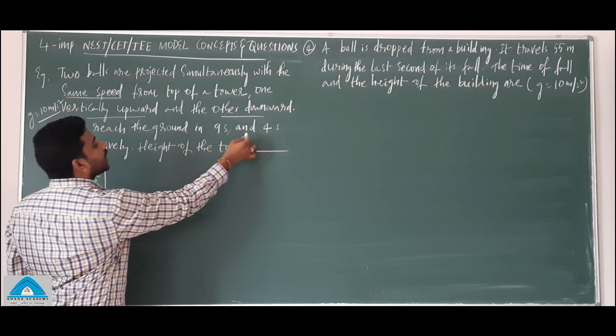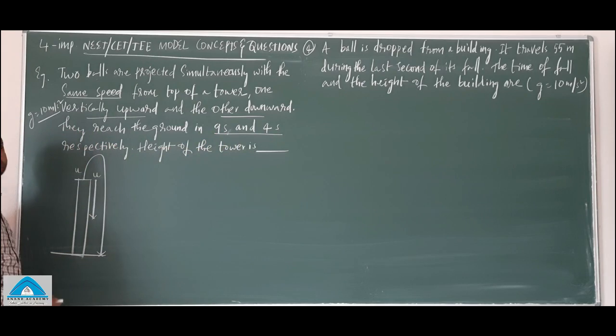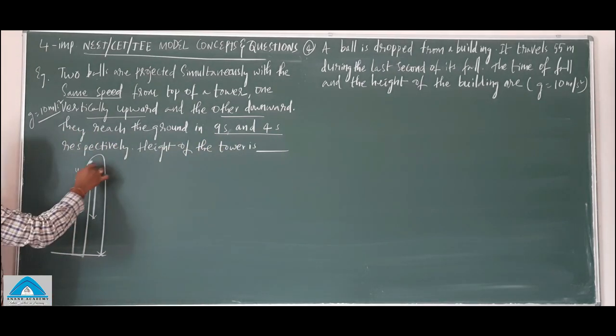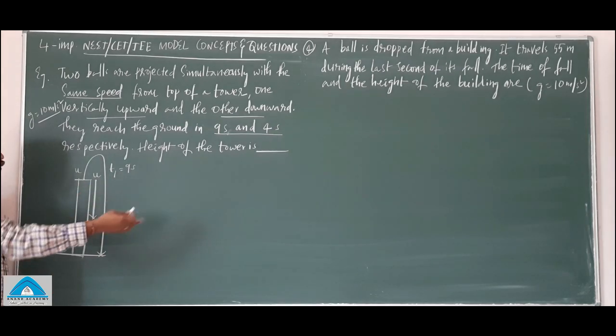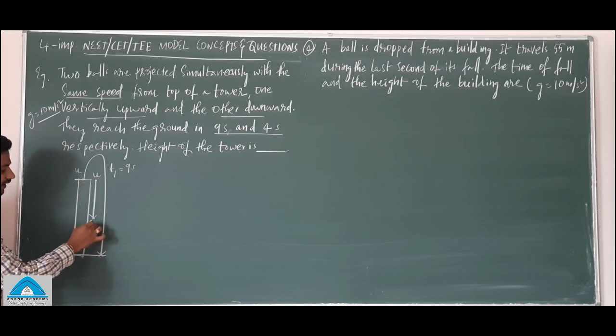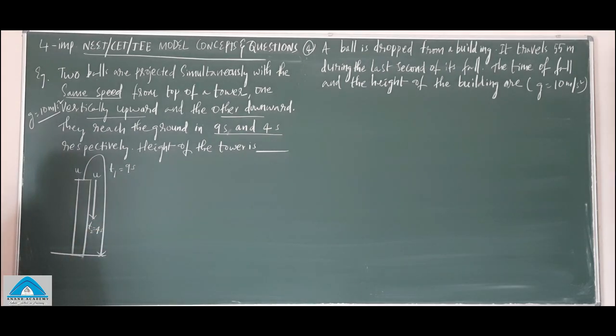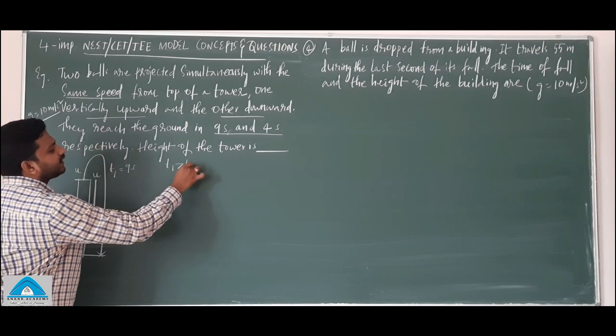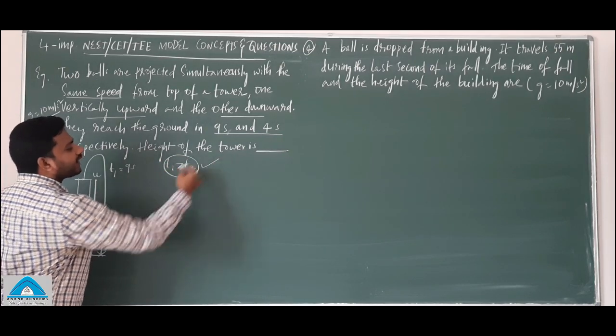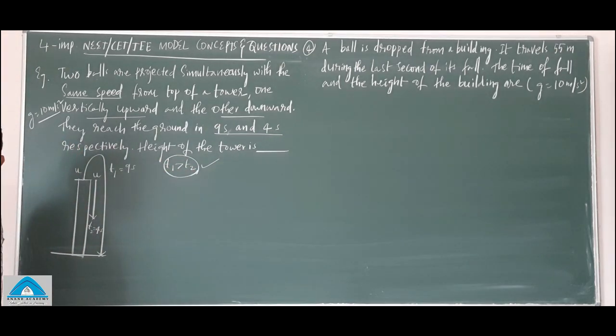And they reach the ground in 9 seconds and 4 seconds. Which is 9 seconds? In the first case, T1 is 9 seconds. Which is 4 seconds? In the second case, T2 is 4 seconds. I told you T1 must be greater than T2, so the condition is satisfied.